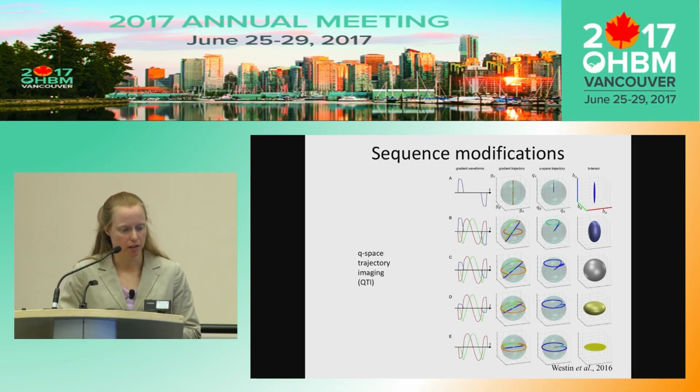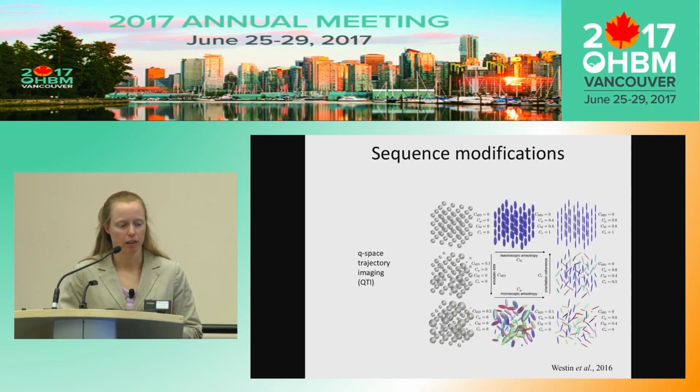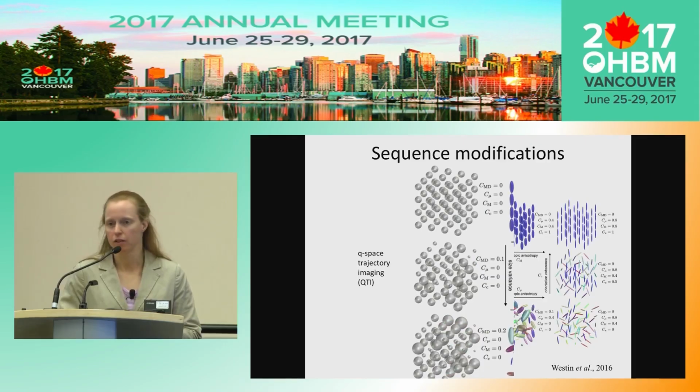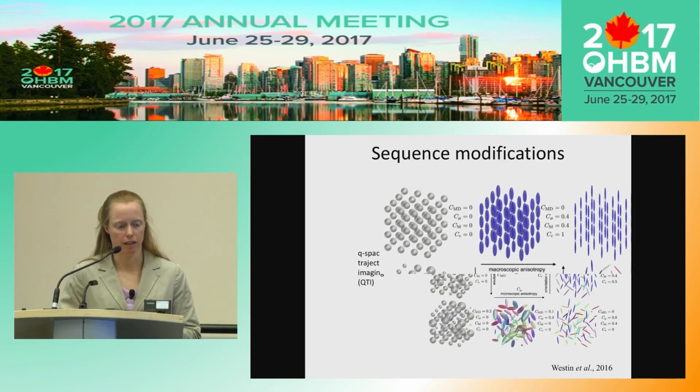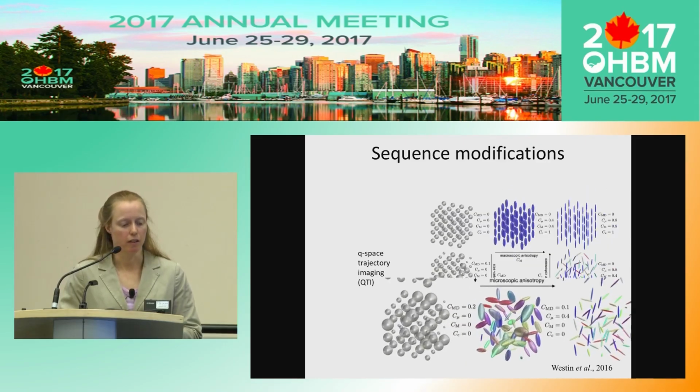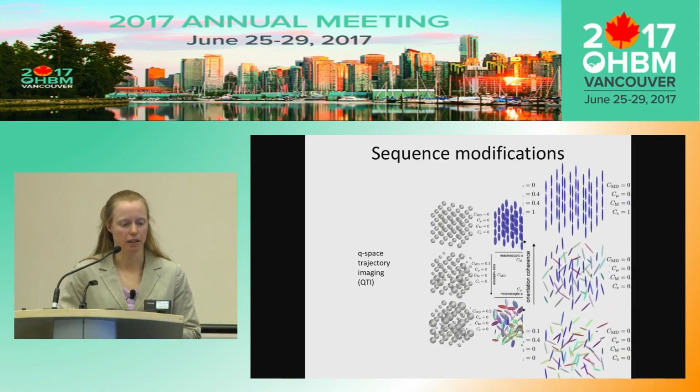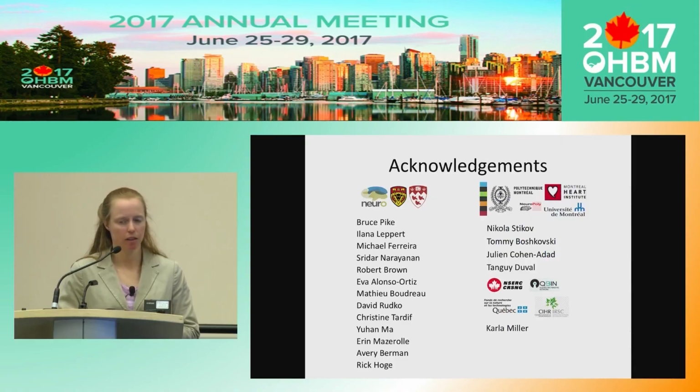In this framework, which is very recent, called Q-space trajectory imaging, we can look at variations in the size of the tissue microstructure, variations in the anisotropy, variations in the microscopic anisotropy, and variations in the orientational coherence, all by doing fancy diffusion encoding. So I'm going to stop there.